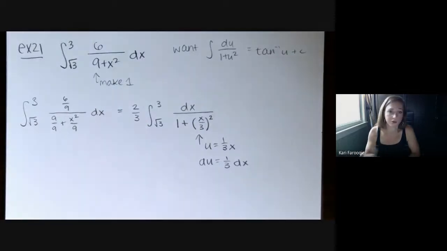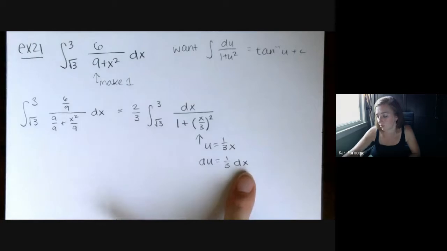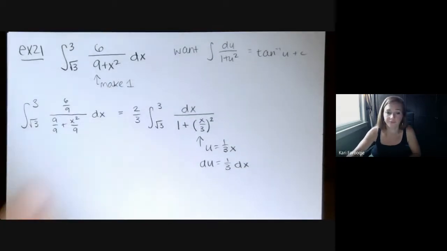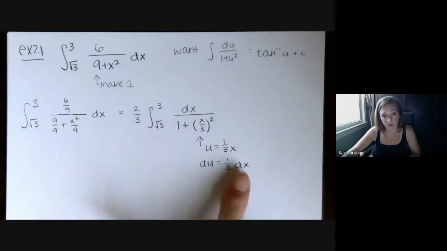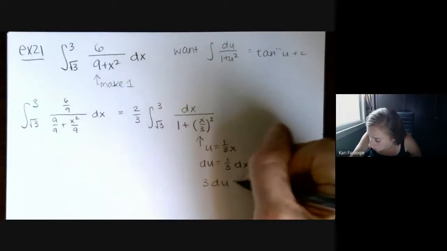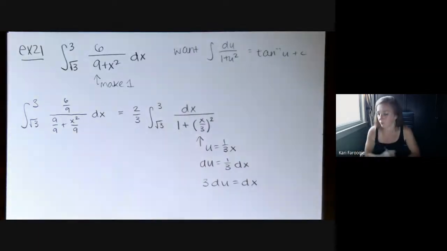It's up to you how much you want to work with that. Personally, I would rather just substitute out my dx and then deal with this guy later. Up to you. But if you want, you could multiply both sides by 2 and create the 2/3 dx. I just haven't been doing that so far, and I don't want to really confuse anybody. So I'm going to stick with doing what we have been doing. So we'll say that 3 du equals dx.